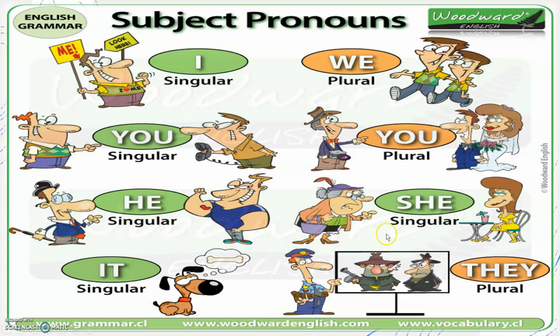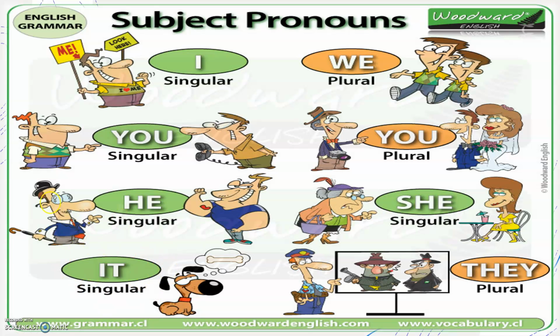We have she. She refers to a woman, or just to one woman. For example, she is Jennifer, she is Lindsay. Well, we have it. It basically refers to all objects, animals. In most of the cases, it refers to anything that is not a person.